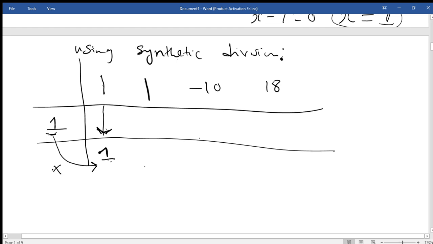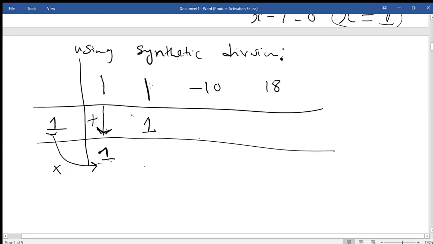So here we are multiplying, but here we are adding. That's the concept of synthetic division. 1 times 1, the answer is 1. So the 1 comes there on the next column.